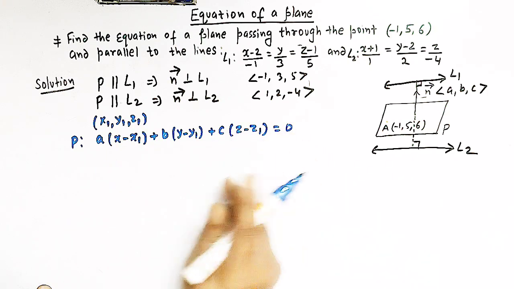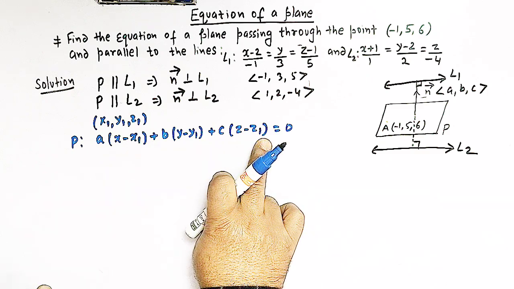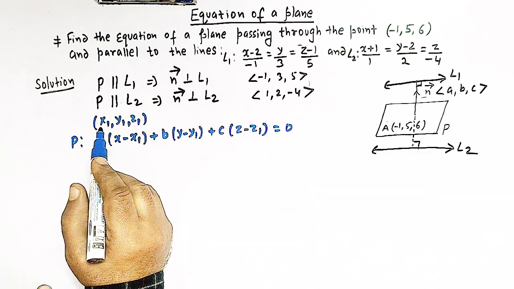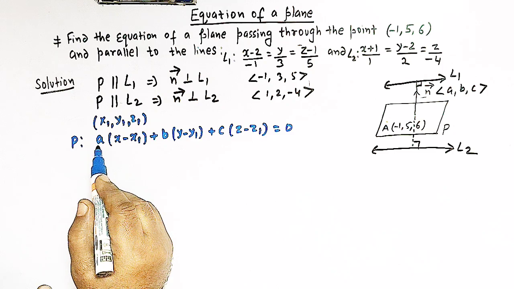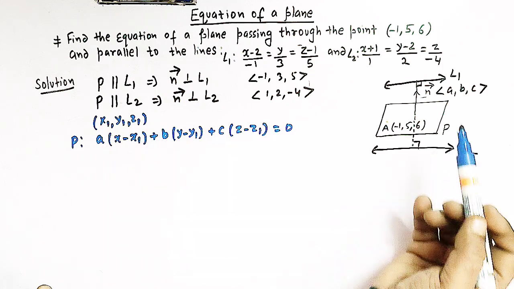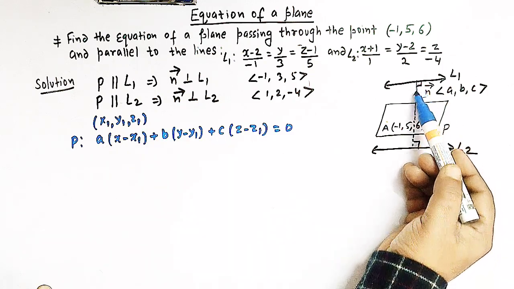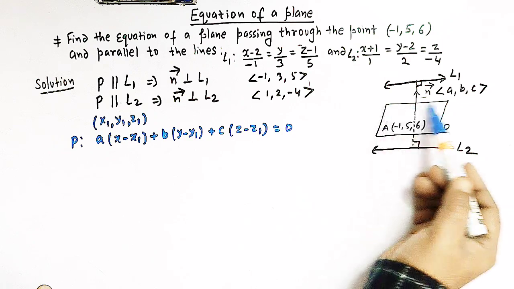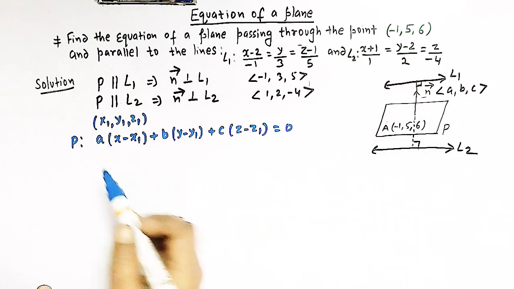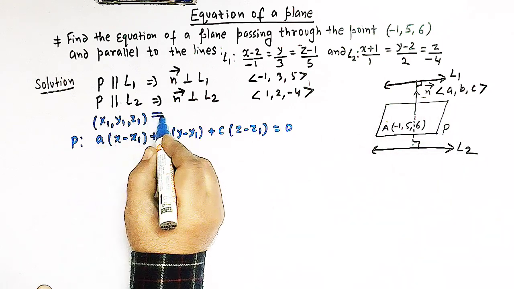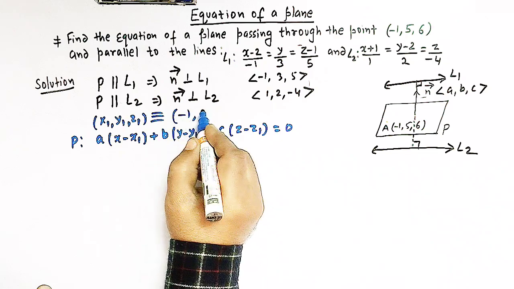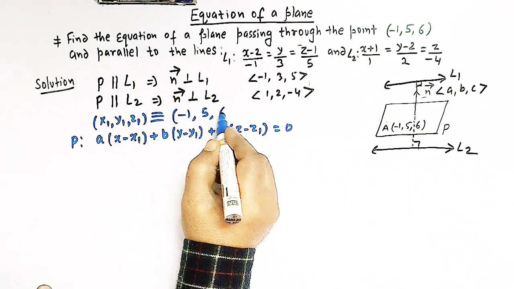This is the equation of a plane P passing through the point (x1, y1, z1), where A, B and C are the direction ratios of the normal vector to the plane P. Here (x1, y1, z1) is (-1, 5, 6).